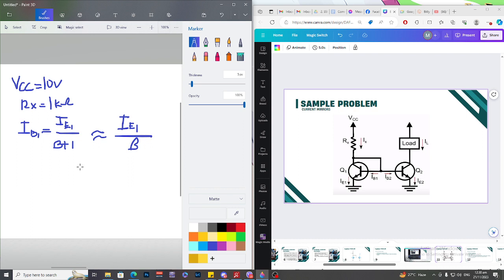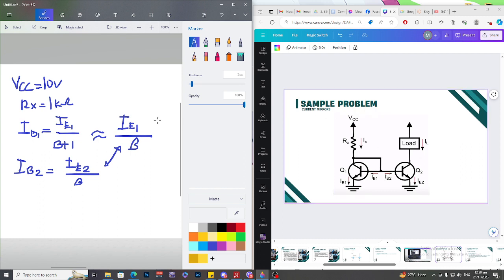Then, since it is mirrored, we can assume that the value of IB2 is approximately IE2 all over beta. Same as this. We can assume that since they are just mirrored with one another.